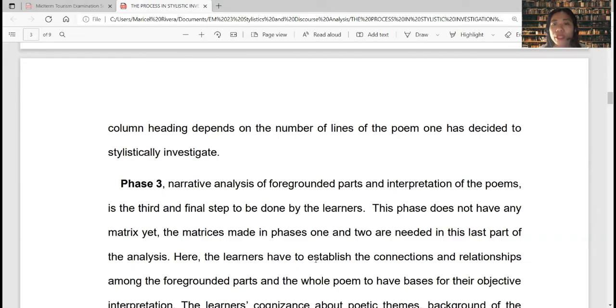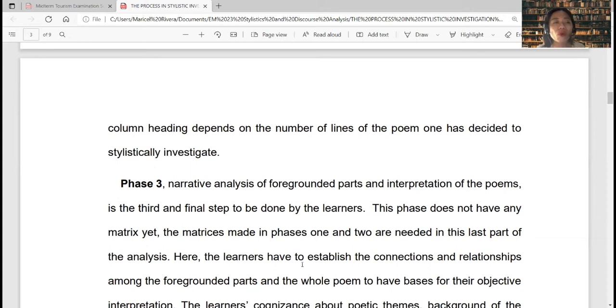After such, you are going to provide an objective interpretation of the poems. Those objective interpretations could be based on maybe the author being interviewed, or maybe the history or the experience of the author.